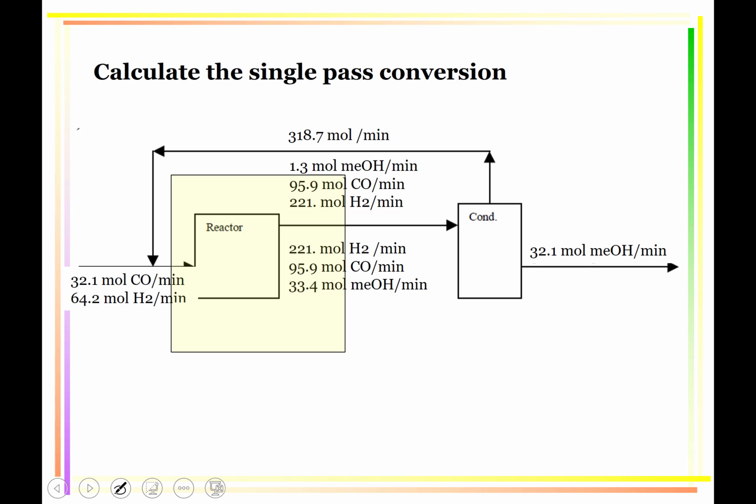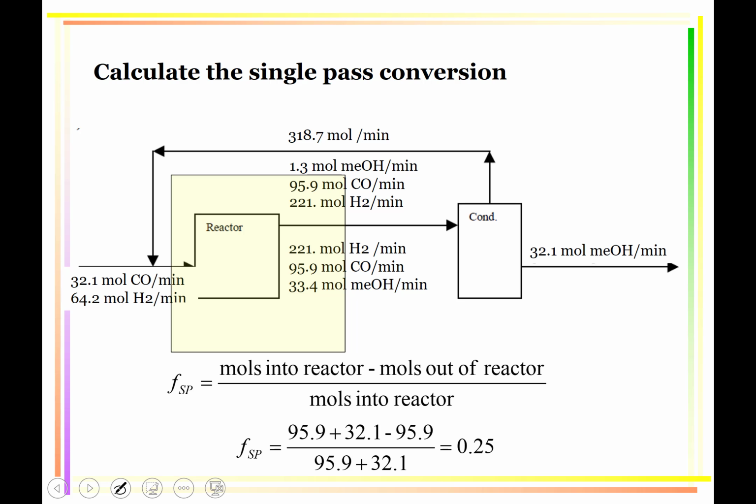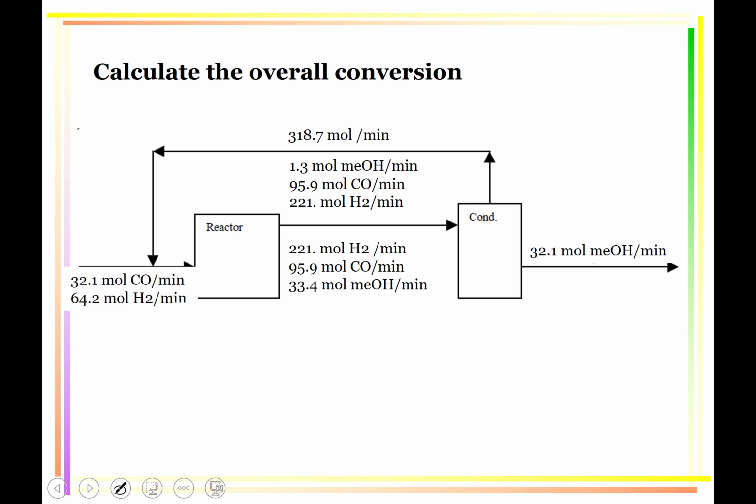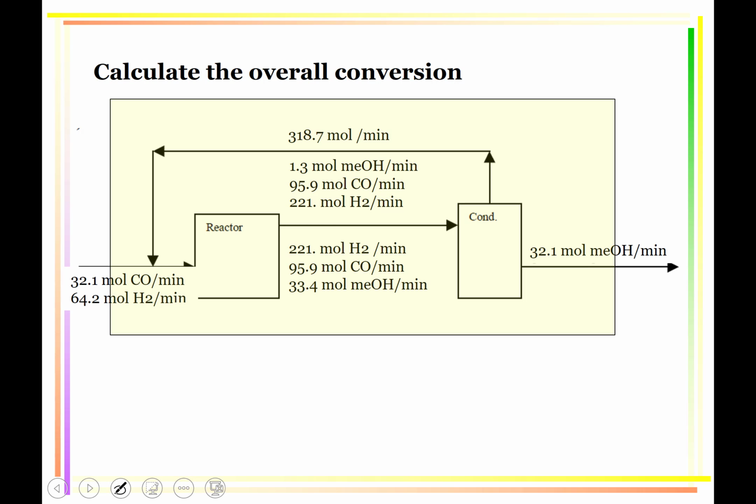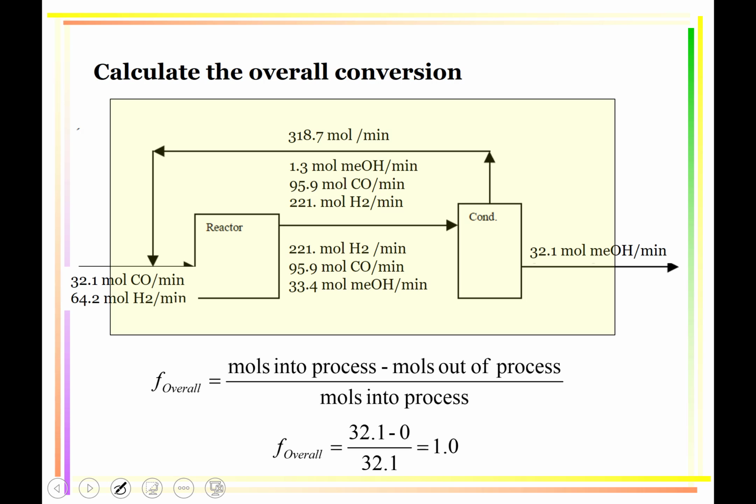So moles into the reactor minus moles out of the reactor divided by moles into the reactor, we get 25%. What about overall? Well, moles into process minus moles out of the process: we have 32 moles of CO going in. There's no CO coming out. So we have an overall conversion of 1.